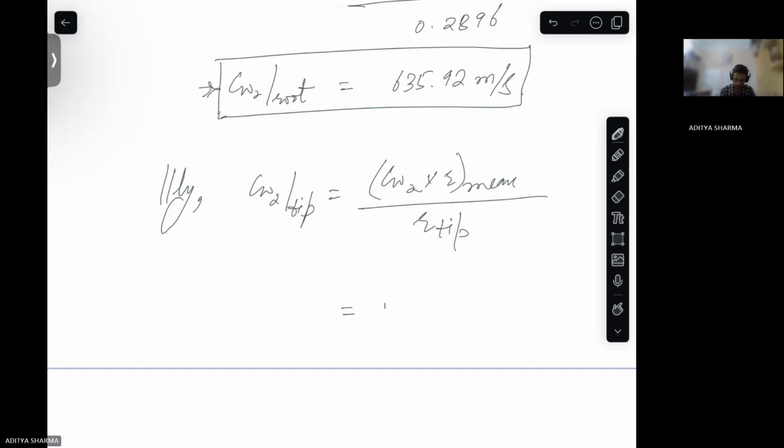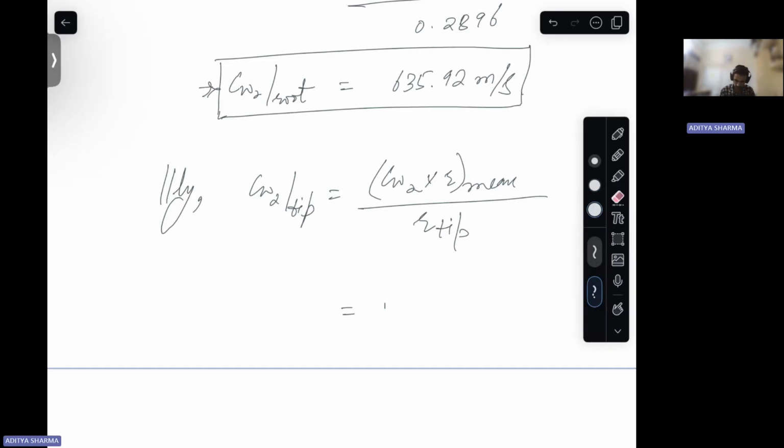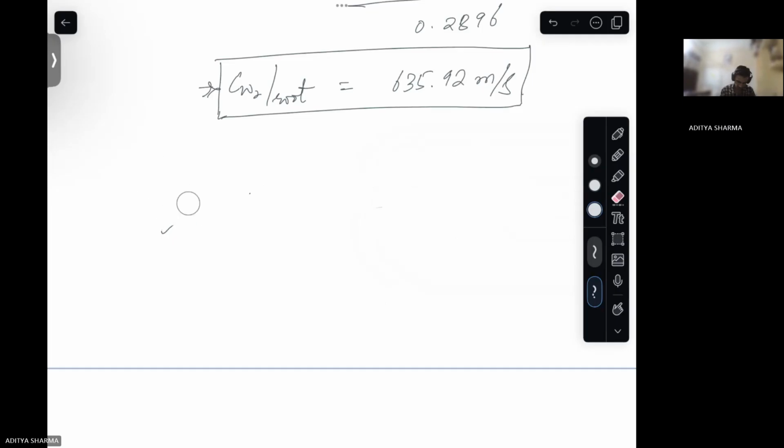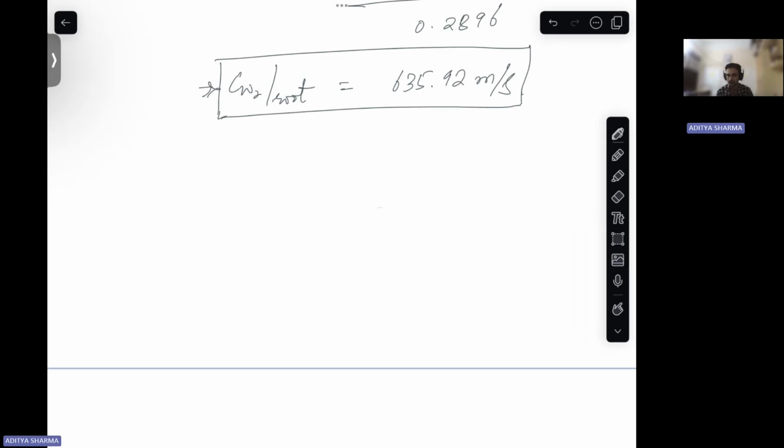So first we calculate this. So this will calculate later. Or if this has been asked somewhere, CW2, if this has been asked, so we'll calculate this also.